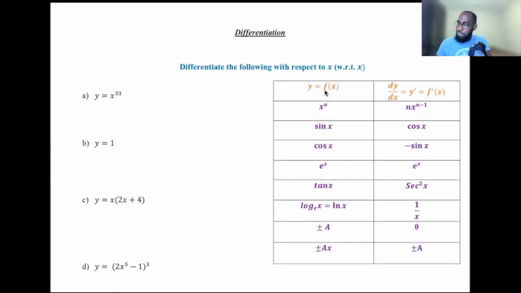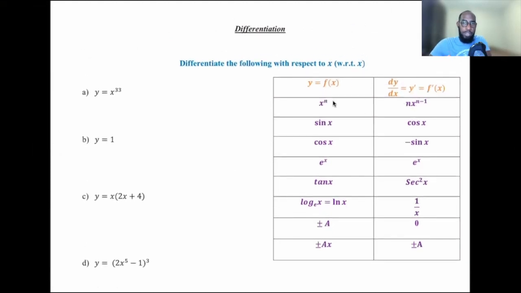If you look at this rule, when you differentiate x to the power n, you put n in front, so you multiply n by whatever number. In this case, the number is 1, it's understood. You have a little 1 here, just remember that. So n multiplied by 1 is n, x to the n minus 1. It simply means whatever power you have, you subtract 1 from it.